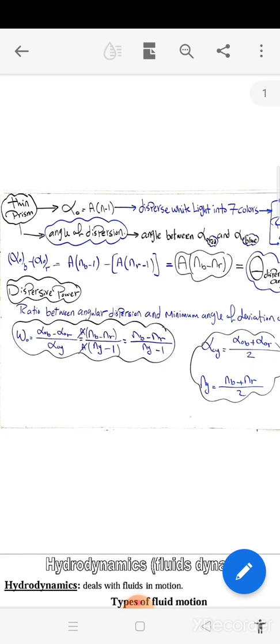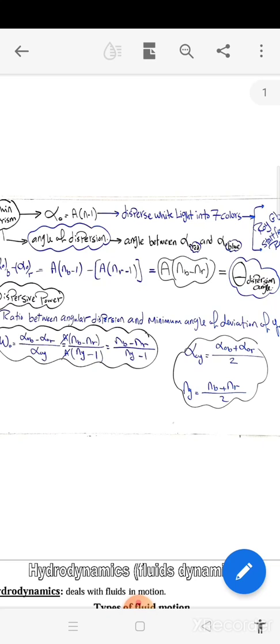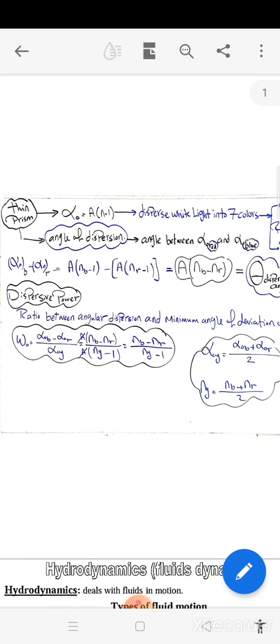You have to know that there is an angle of dispersion. It is the angle between the minimum angle of deviation of the red radiation and the minimum angle of deviation of the blue radiation, and you find it by taking the difference between the minimum angle of deviation of the blue minus the minimum angle of deviation of the red.